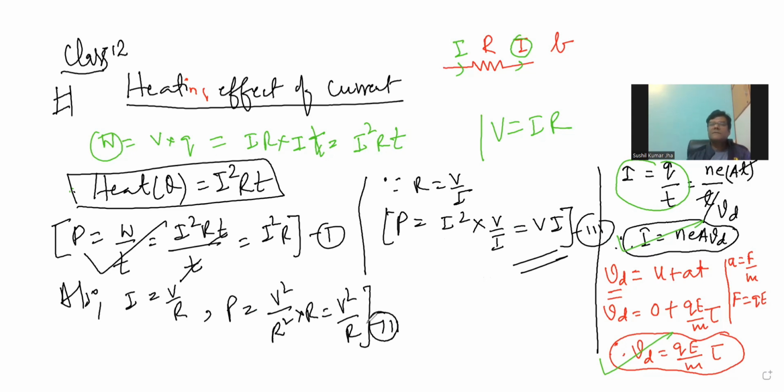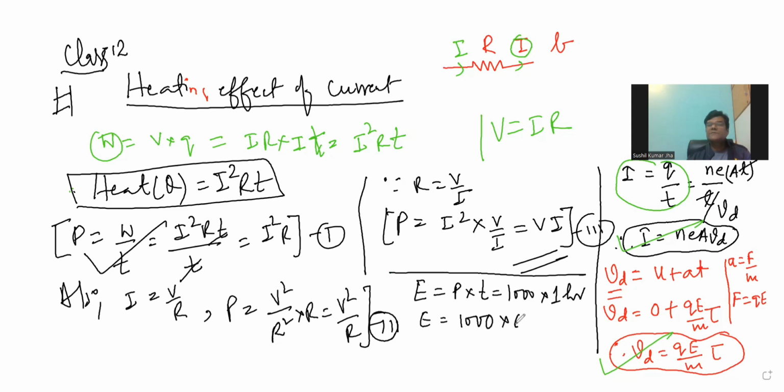And if you want to calculate the electrical energy consumed, this electrical energy consumed E would be power into time. Power we take 1000 watt and time we take 1 hour. So 1 hour gets converted into seconds.